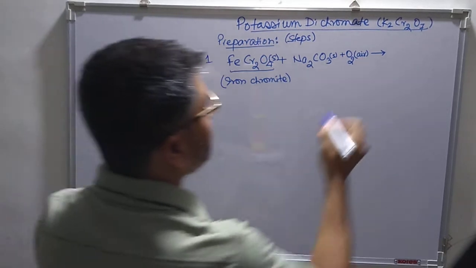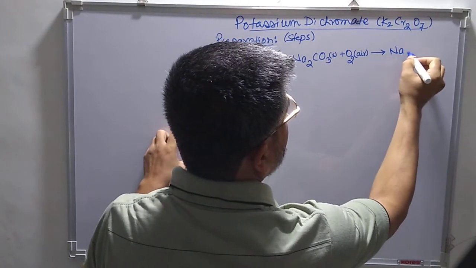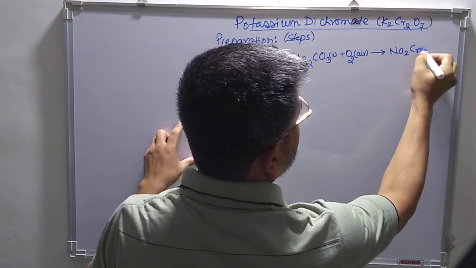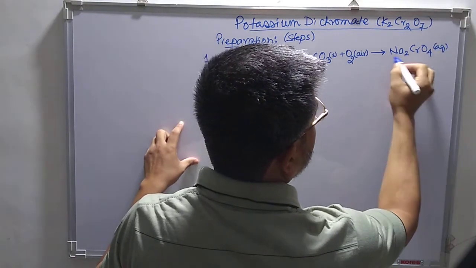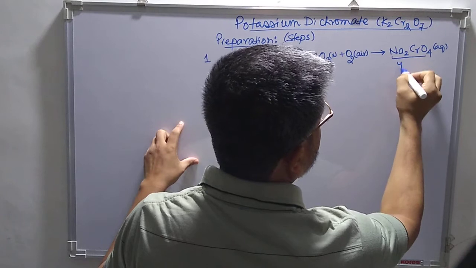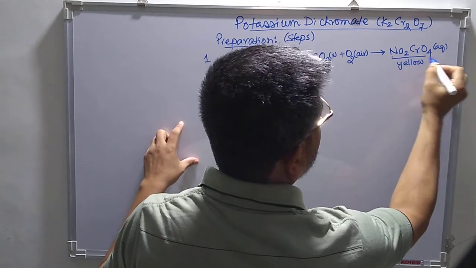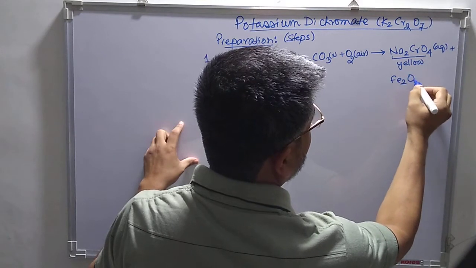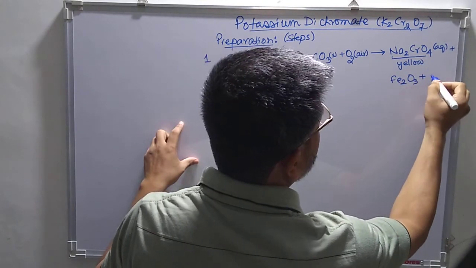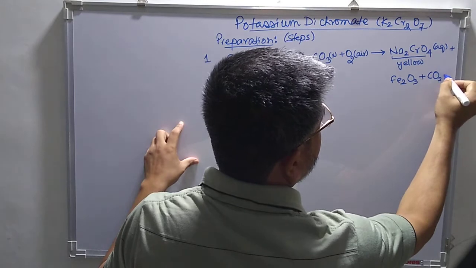This gives you sodium chromate, an aqueous solution, and this is yellow color, plus Fe2O3 plus carbon dioxide.